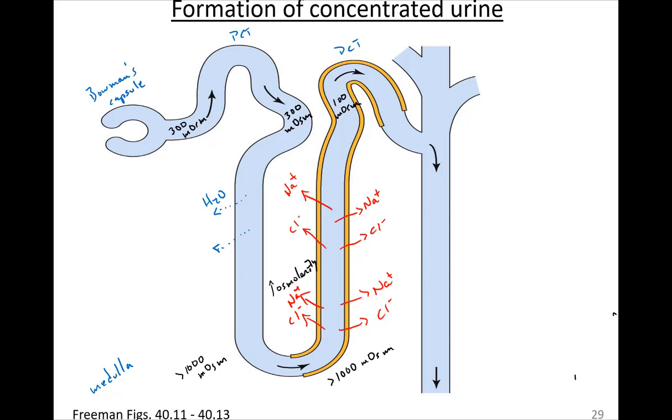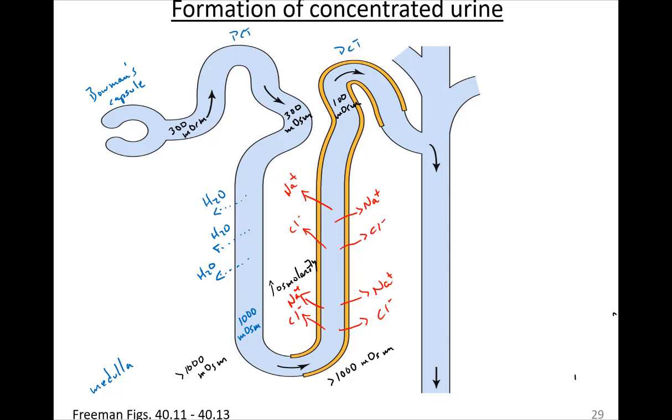So we've got water leaving the tubule all along this pathway, and that tends to concentrate the filtrate as it moves along. And so it approaches basically the same osmolarity of the surrounding interstitial fluid as it gets to the base, or the end of the loop of Henle deep down in the medulla.